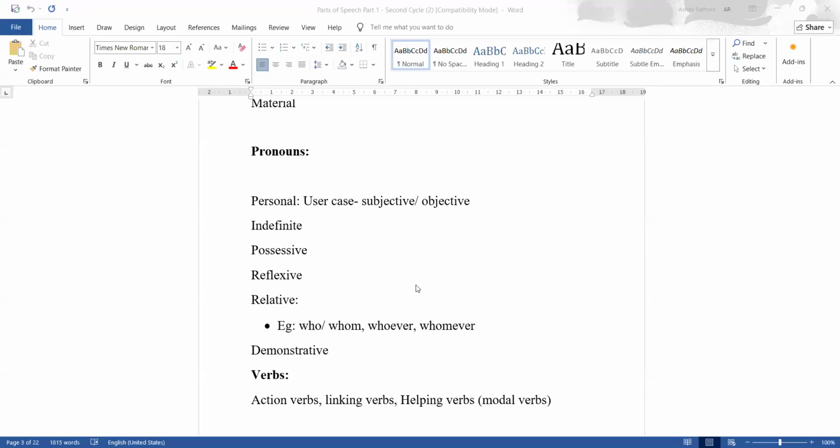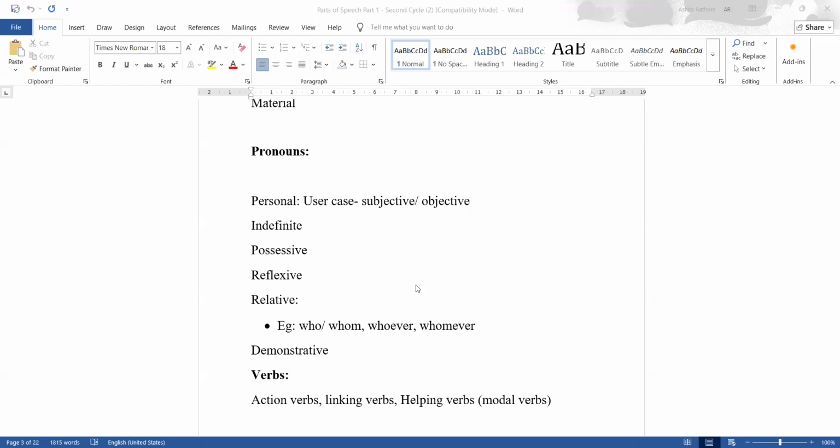The easiest usage. Now, usually in exams, where do they bring in the twist? When we talk about indefinite, possessive, reflexive and relative. Okay? What are indefinite pronouns?